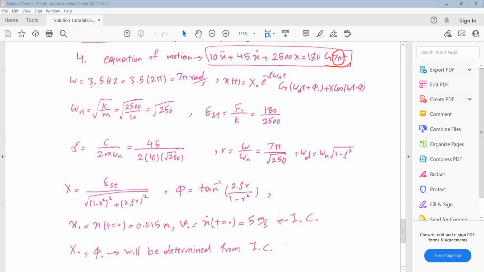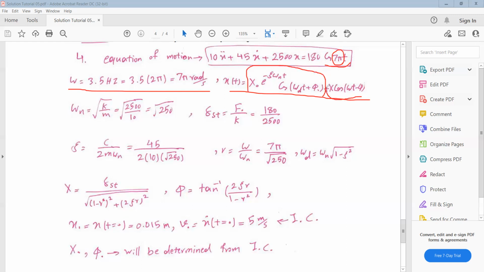But here you can see I use the formula. Omega is 7 pi. x(t) is equal to x naught exponential minus psi omega n t cosine omega d t plus phi naught. This is the homogeneous response, this part.